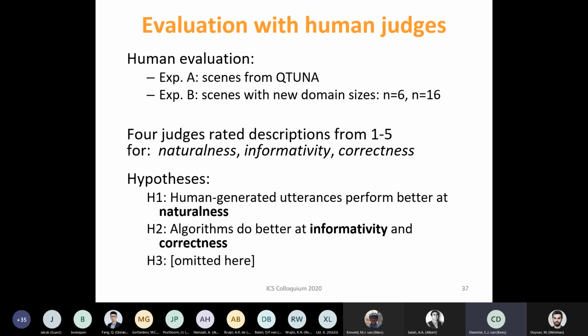And we asked our judges, 4 judges, to rate the description on naturalness, informativity, and correctness. And of course, we expected human-generated utterances to be particularly natural, but the algorithmic descriptions should be very good at informativity and correctness, because the algorithm is constructed to always produce correct and complete descriptions.